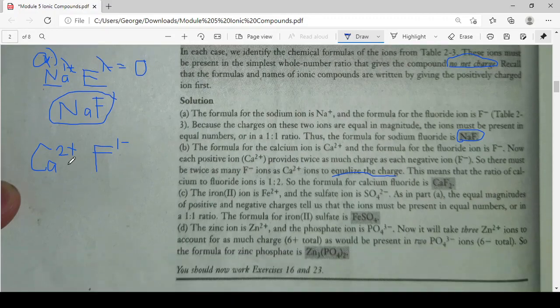So, therefore, maging amo na ni siya kids. So, CaF2. Amo na ni siya aton nga final answer.